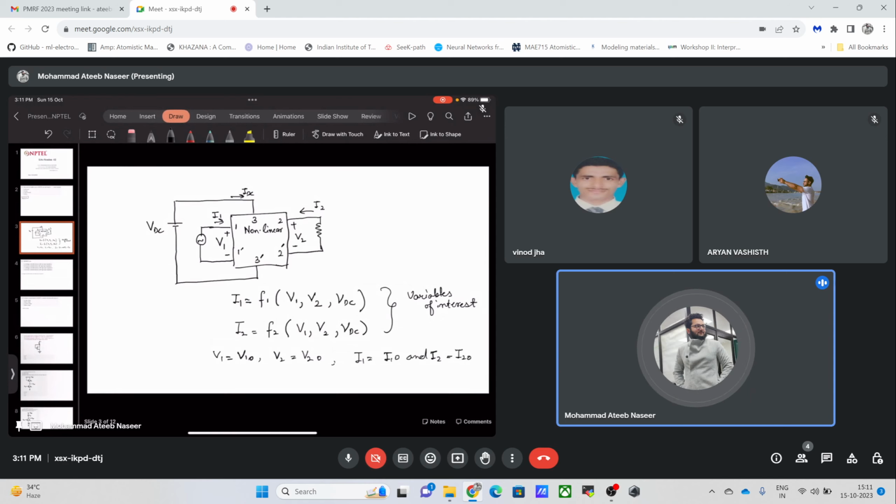It would simply mean that we know the initial position. We can consider this as an initial guess, the initial state of our system. We have V1 at, let's say, time t equal to 0, where I am starting with this bias, and V2 will be V2 of 0, and VDC will simply be VDC, because this is a DC bias that we use to give a particular voltage to our circuitry in order to bias the device in a proper region.